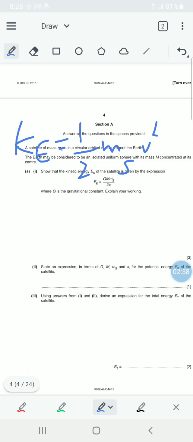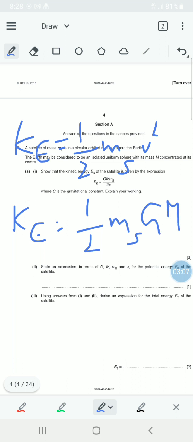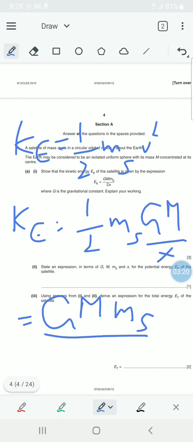Instead of v squared, we put GM upon x. This results in us obtaining G M m_s divided by 2x. So I hope you understood. If you have any doubts, please ask me and I will explain it further.